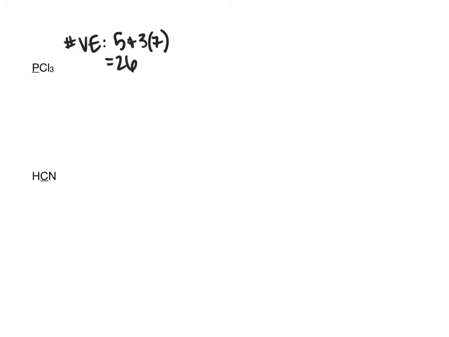Based on the underlined structure, we know that phosphorus is in the center. We're going to connect our 3 chlorines to that. And now we need to account for all of the electrons. So we're going to start adding to make octets on any of our outer elements.